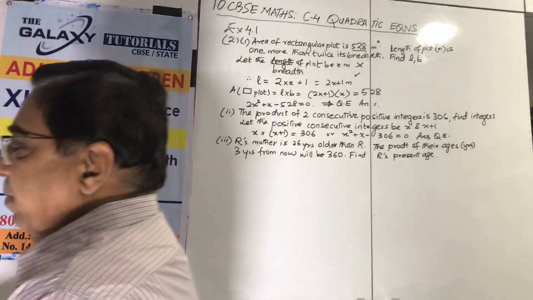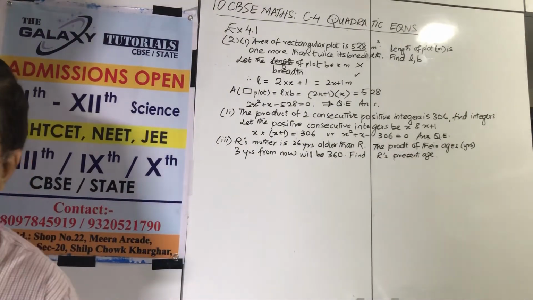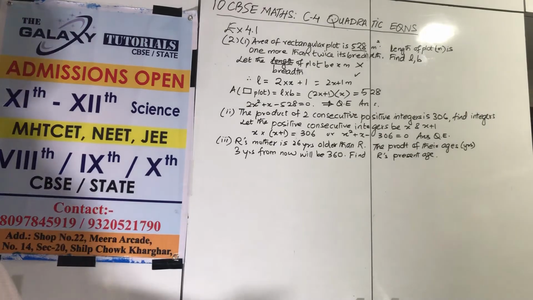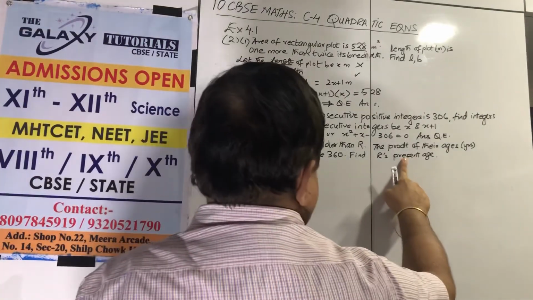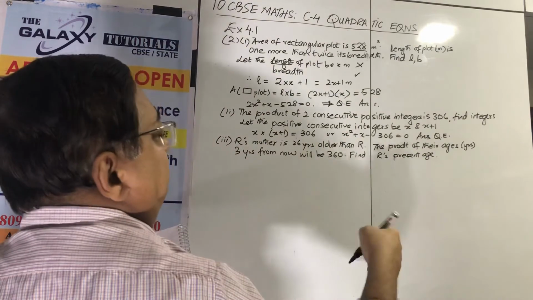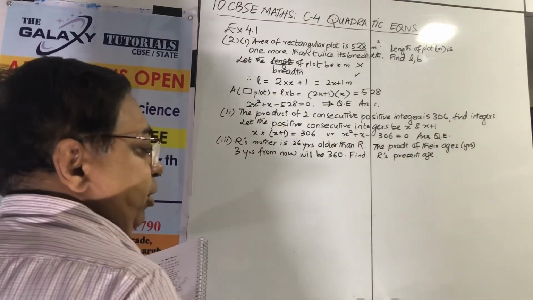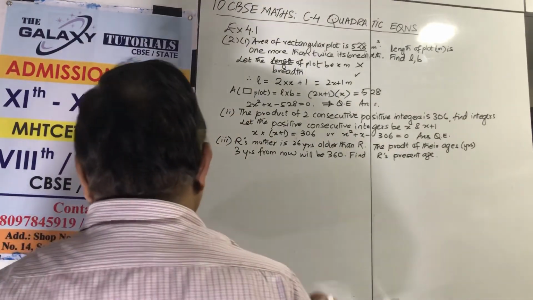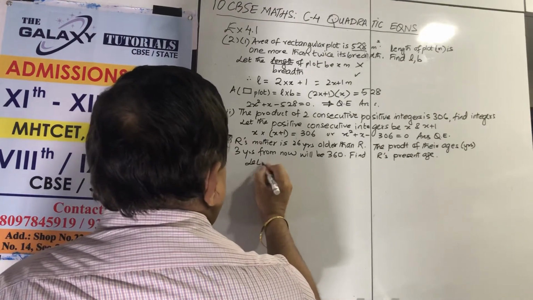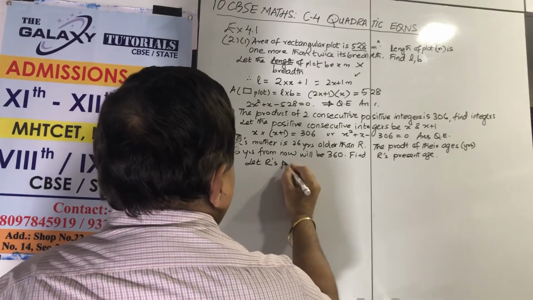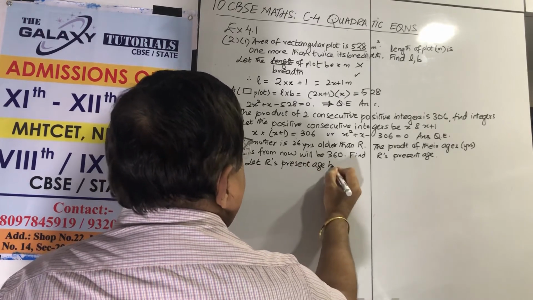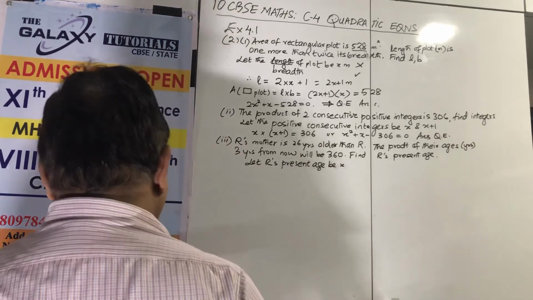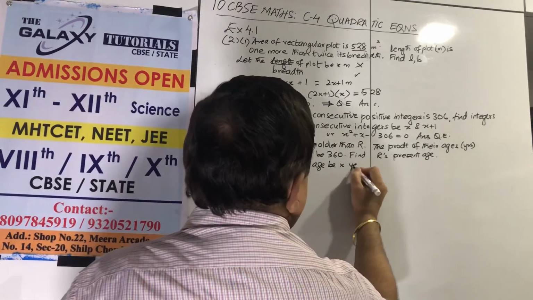Again, my friend, we have to form an equation. We don't have to solve the equation. We are only forming the equation part. Now, present means today. 3 years from now will be, add 3 years more. So, let Rohan's present age be x in years.